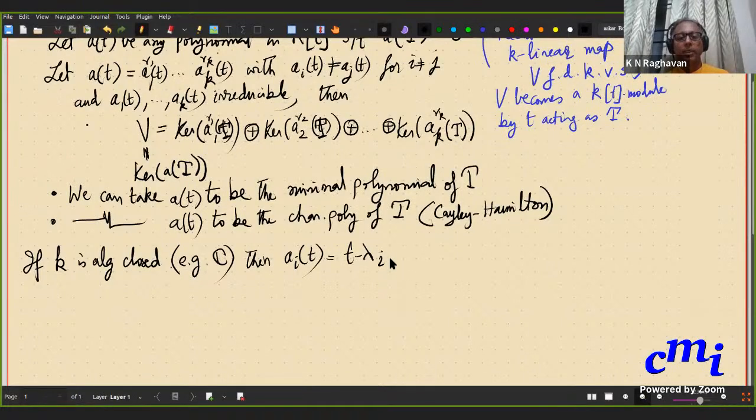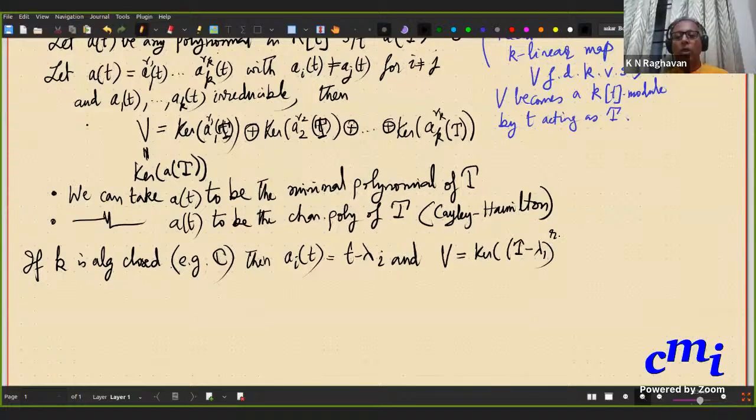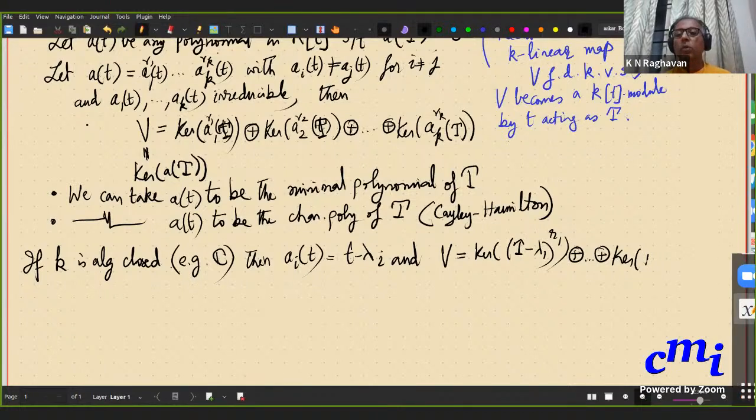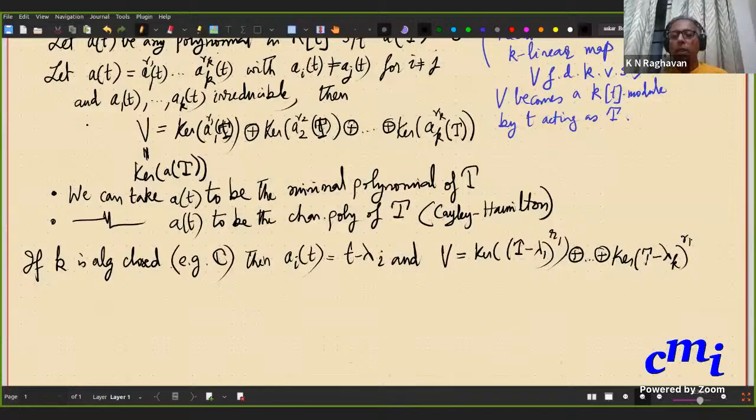So what we get is V is equal to the kernel of T minus lambda 1 to the R1, direct sum, up to the kernel of T minus lambda K to the RK.